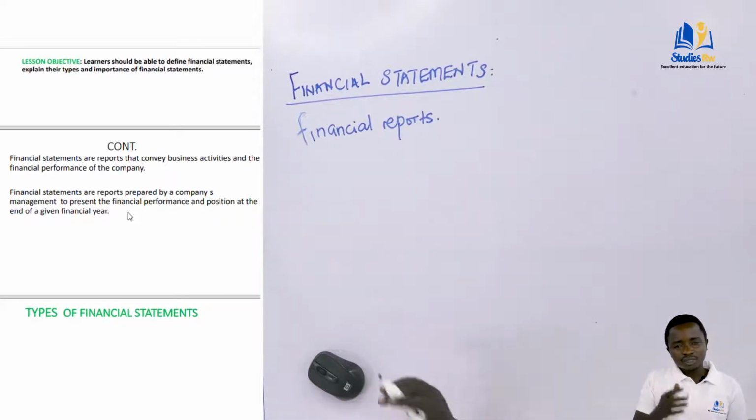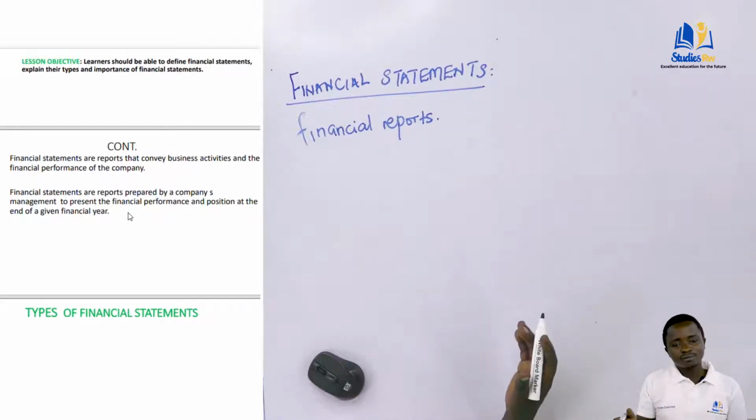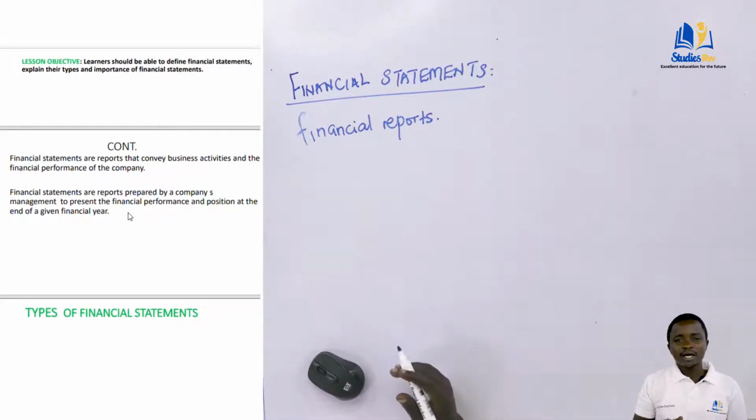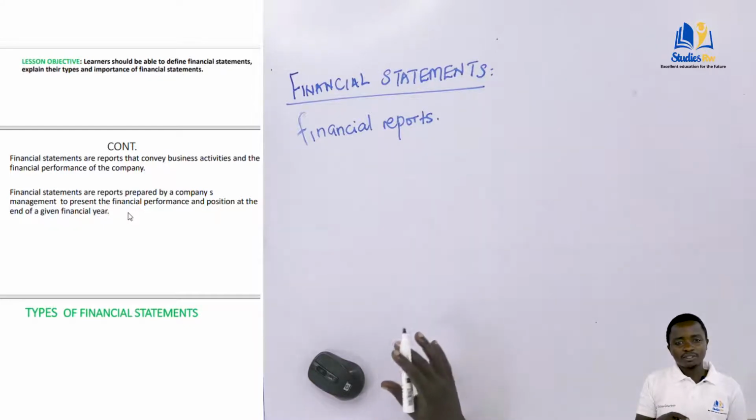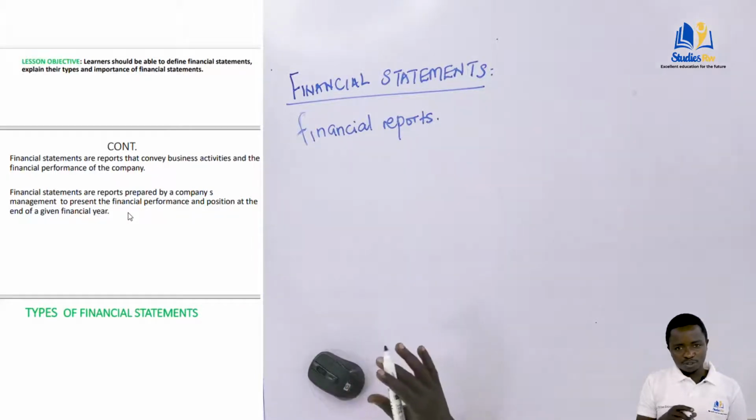How can I reduce expenses such that next year or next month or in the next 6 months, I make profits? Based on this report, because it reports what the business did in a given trading period, they are financial reports, reporting financial position and financial performance of the business.